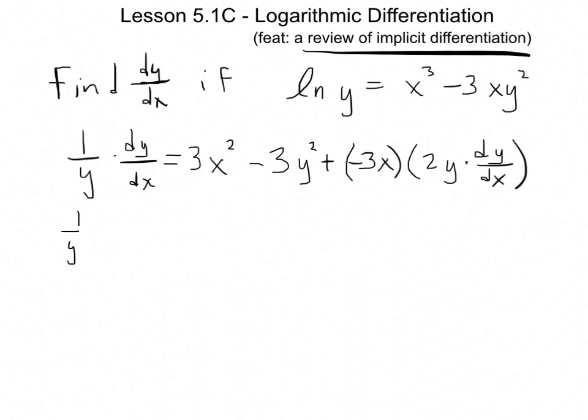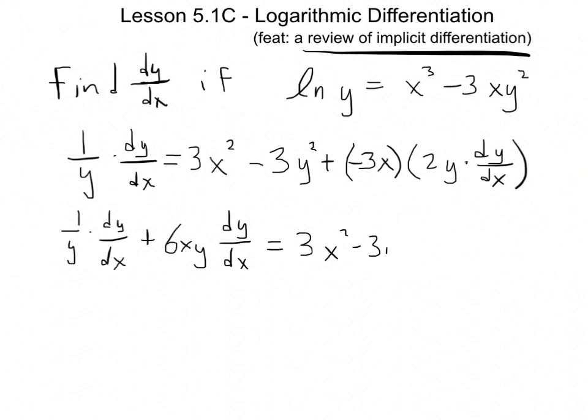This gives me 1 over y dy/dx plus, it's going to end up being 6xy dy/dx equals the other things that were on this side. This 3x squared minus 3y squared, right?